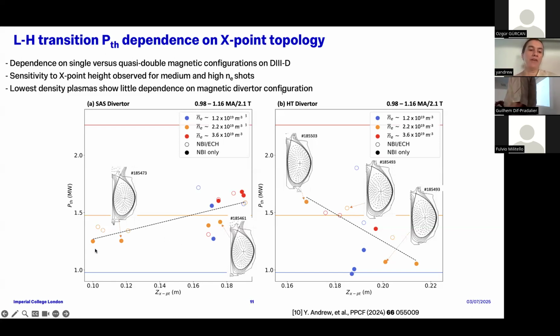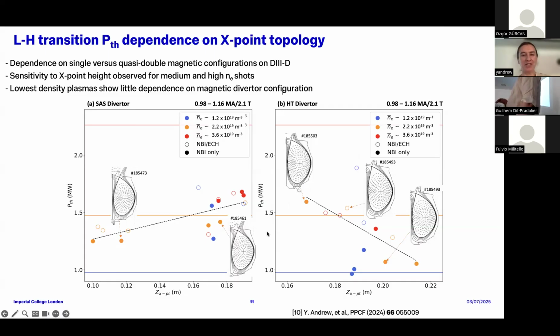So what we found were similar results to those that we saw on JET, with these very low values of X point height. And then when we moved far beyond that through to this much further away region, which was actually the other divertor, made it a bit more difficult to study, but we see this opposite trend. So interesting results.